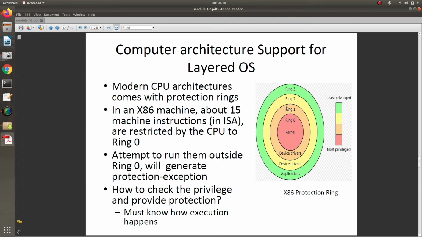Similarly, those that are present in ring 1 can be executed by the device drivers. That is how the ring system works. All modern CPU architectures come with protection rings. The innermost ring is the most privileged, that is, it can perform most of the instructions.